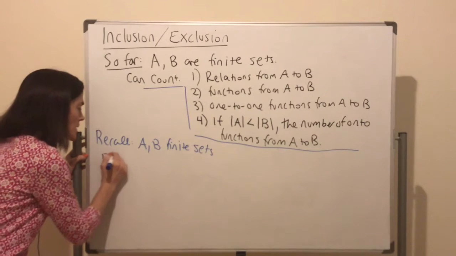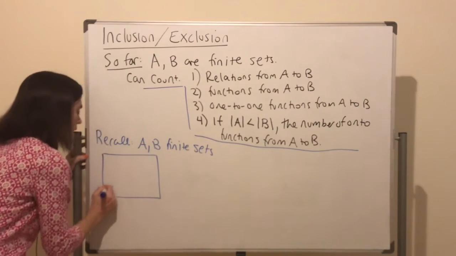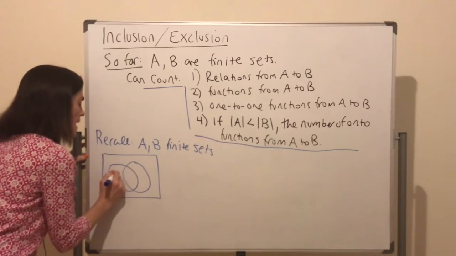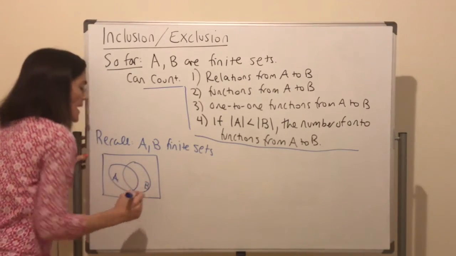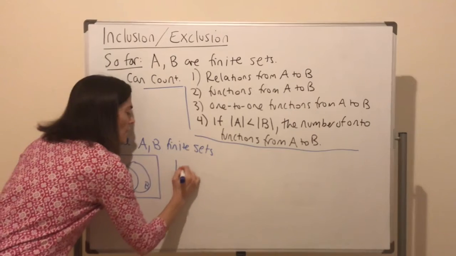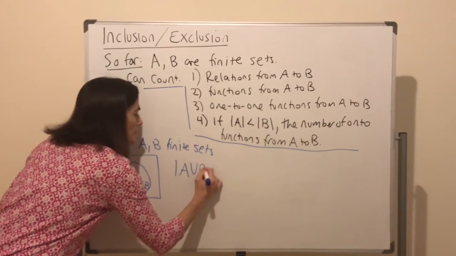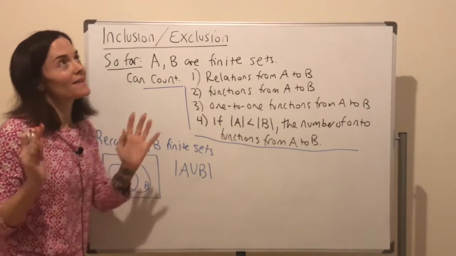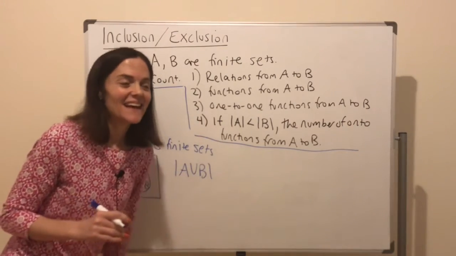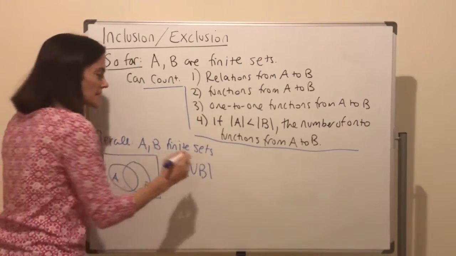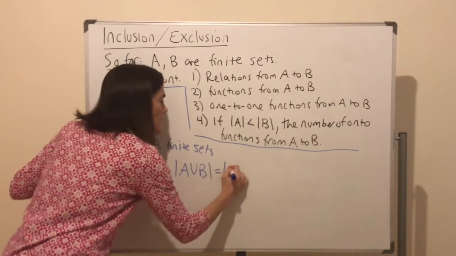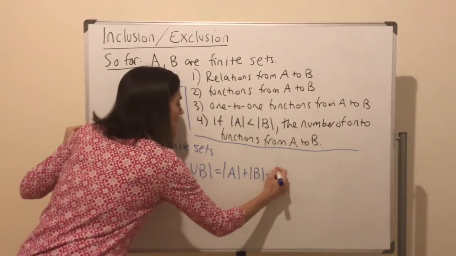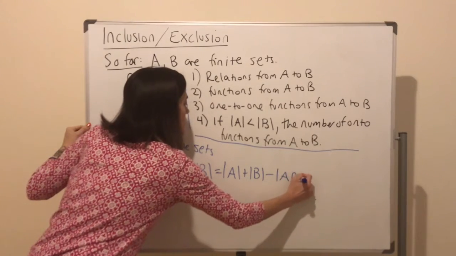And the picture we associate to this is a Venn diagram like this. Here's A, here's B. And we know that the cardinality of the union, you can't just add the two cardinalities. Well, you can if they're disjoint, but that's not the general case. It's cardinality of A plus cardinality of B minus the cardinality of the intersection.